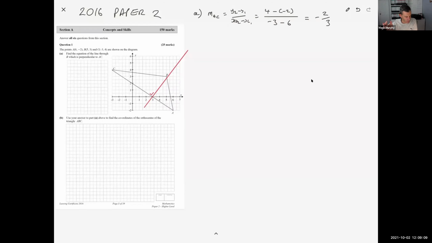Now, the line that we're looking for is perpendicular to AC, so the slope perpendicular to AC is, obviously, invert it, 3 over 2, and change the sign, so it's 3 over 2. So we have the slope of the red line, and we also have a point. So using the usual equation, y minus y1 is equal to m into x minus x1.